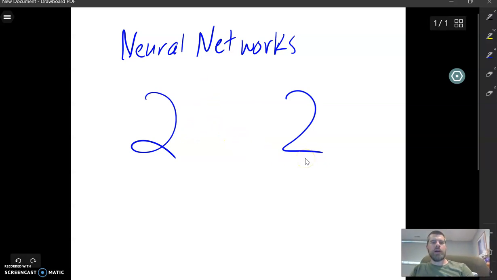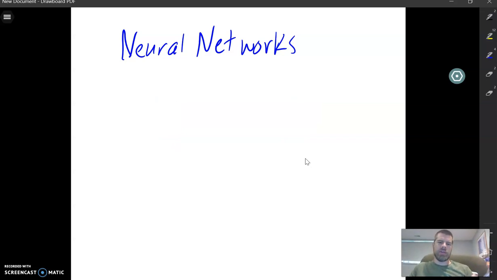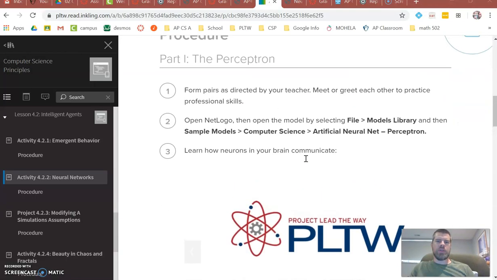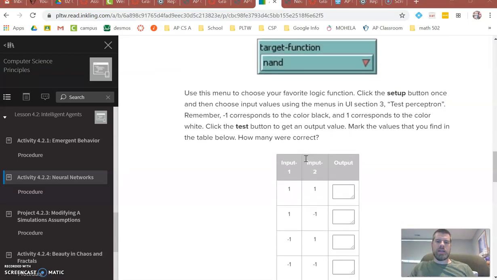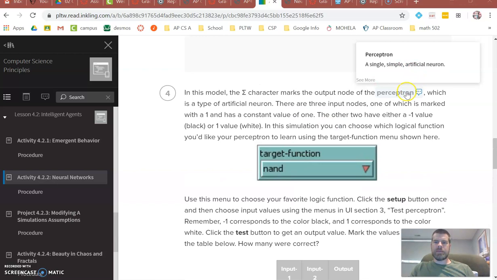A neural network uses these little things called perceptrons, which they describe in the 4.2.2 lesson. A perceptron is just, well, as it describes here, a single simple artificial neuron.